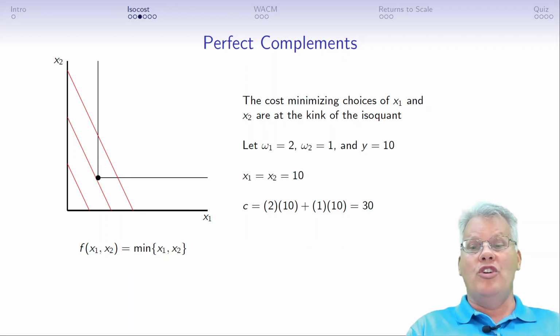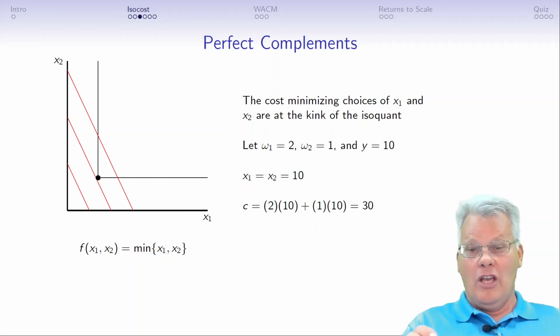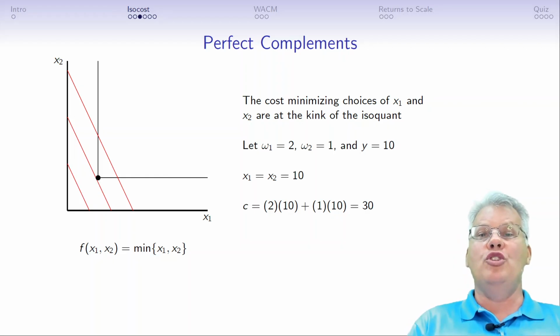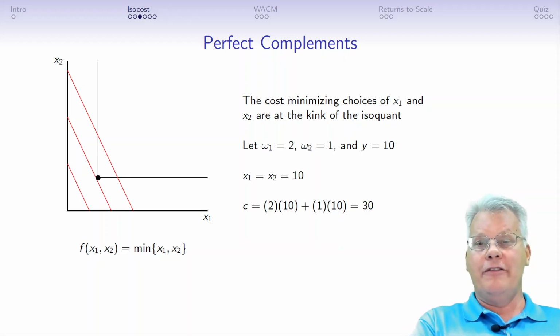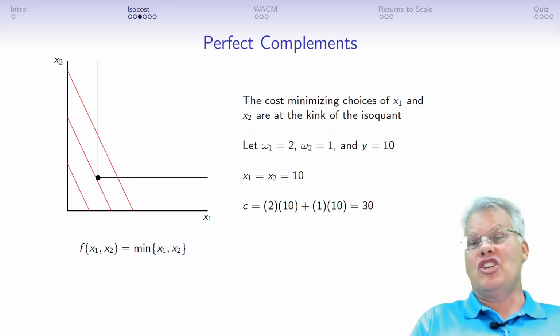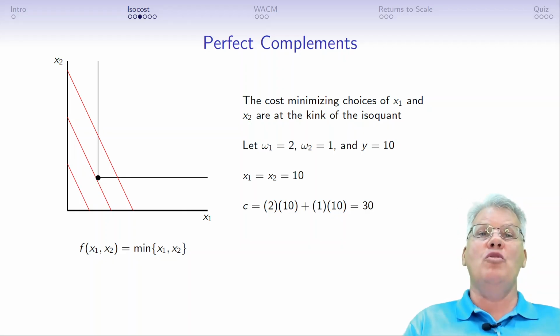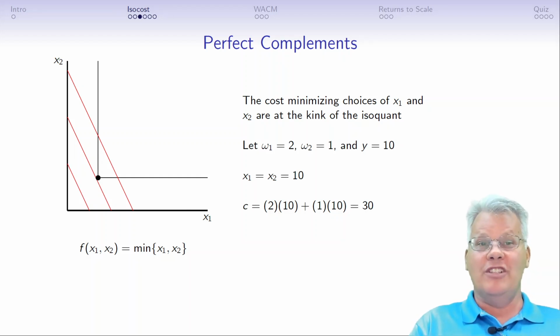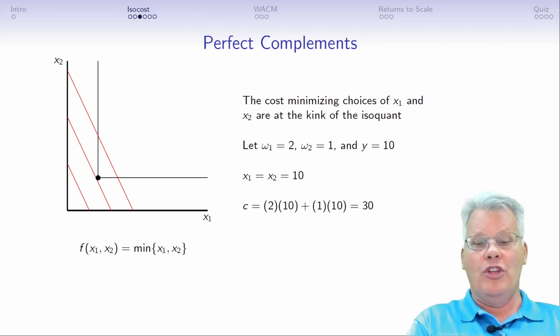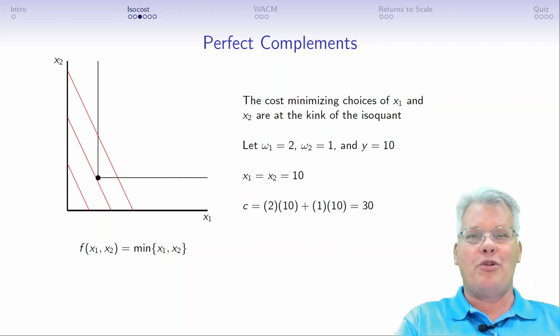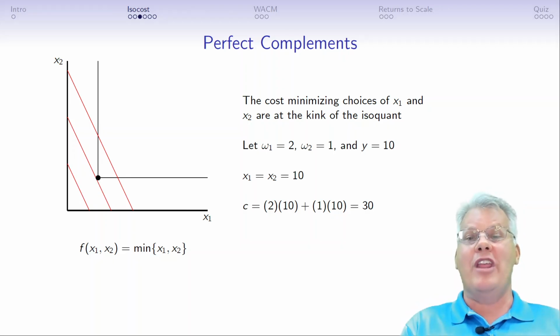Now, since we're choosing the cost minimizing quantity of factor 1 and factor 2 to produce a given level of output, much like in the theory of the consumer, we derived demand functions. Those were closed form solutions that showed the quantity of good that the consumer would purchase to maximize utility subject to a budget constraint.